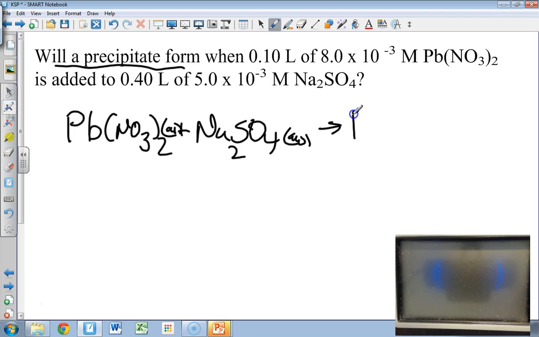That solid is going to be lead sulfate, and there actually is another product, and that's sodium nitrate.